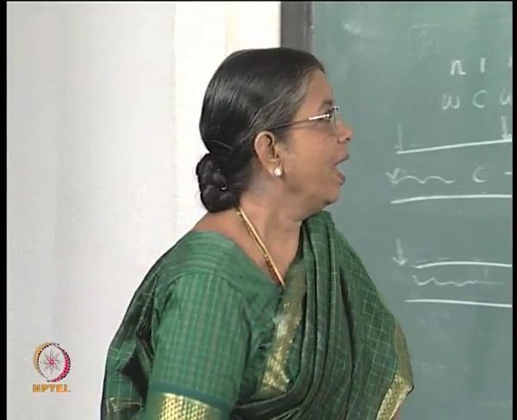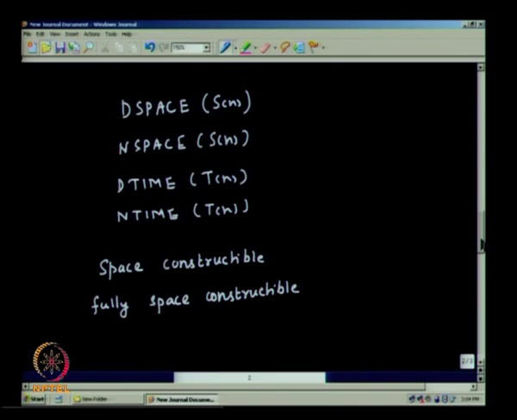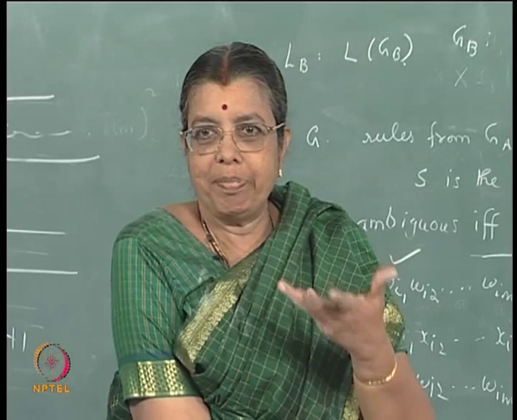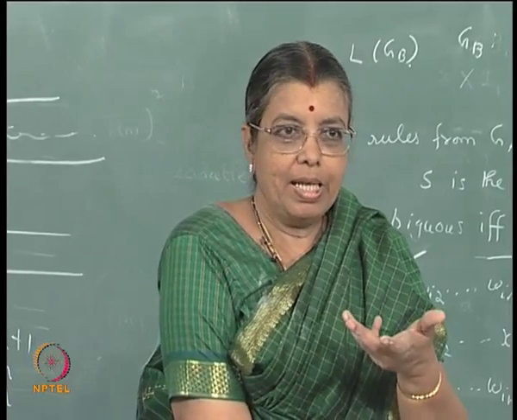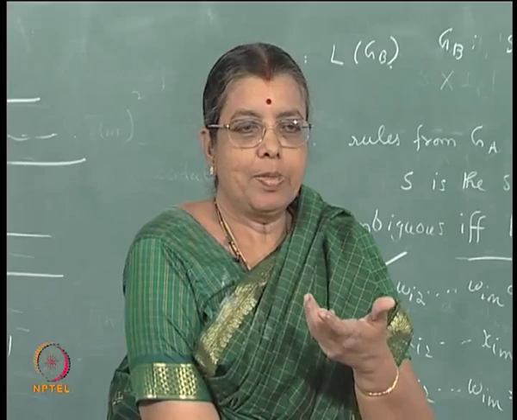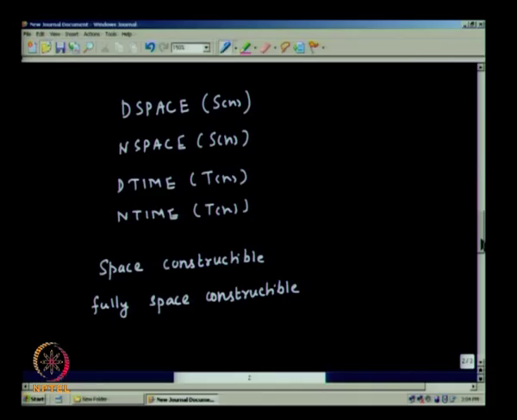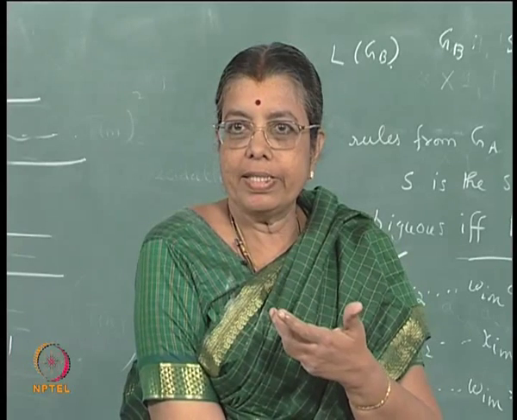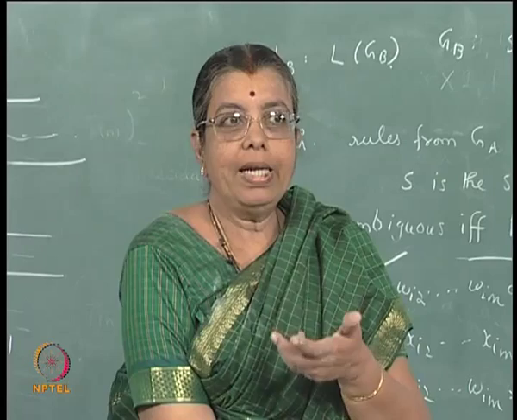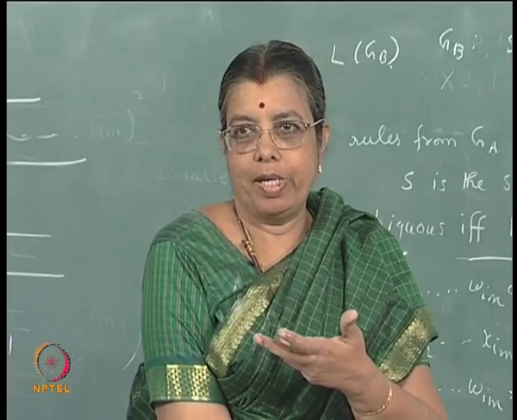If you have a deterministic Turing machine, and if it accepts a language with space bound S(n), that class of languages is denoted as DSPACE(S(n)). DSPACE(S(n)) denotes the class of languages accepted by deterministic S(n) space bounded Turing machines. Similarly, NSPACE(S(n)) denotes the class of languages accepted by non-deterministic S(n) space bounded machines.